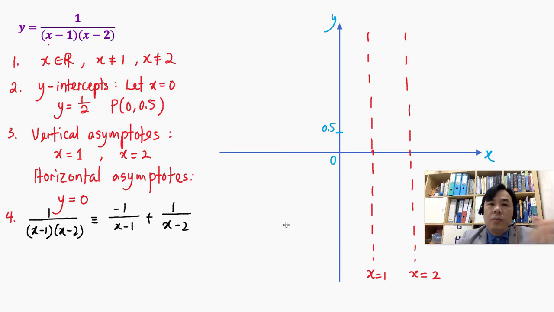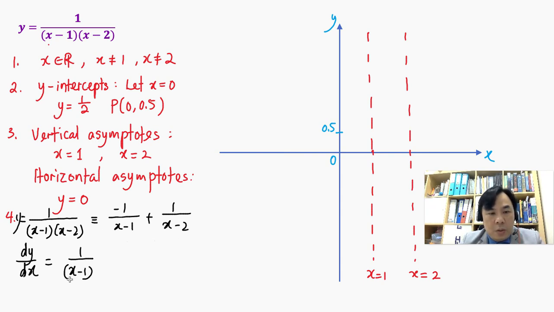Okay, now the main reason why I want to write down as partial fractions is because it's easier to differentiate in this case. Alright, so we know that y is actually equal to this, dy/dx. Now differentiating this will be a piece of cheesecake, right? Now that would actually give me 1 over x minus 1 squared minus 1 over x minus 2 squared.